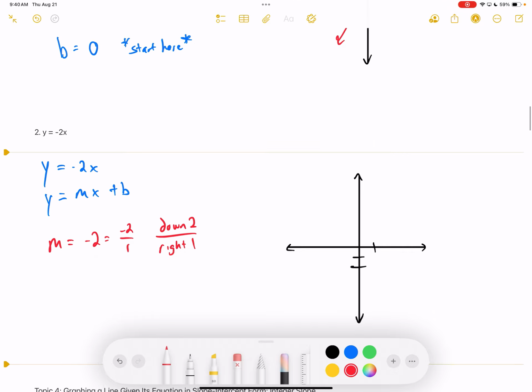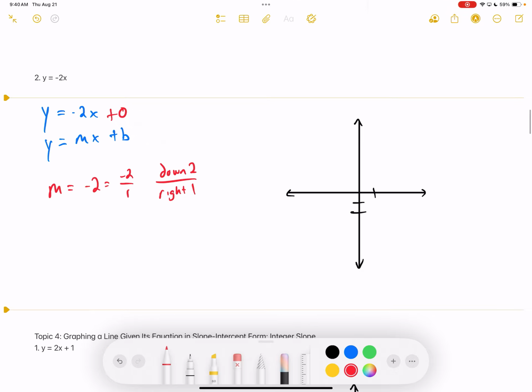And so we're on the same topic here, so my y-intercept is going to be 0 when there's nothing past the number in front of the x. I'm sorry, your y-intercept is 0. So I start at (0, 0), and then I do what my slope says. My slope says I go down 2 to the right 1.